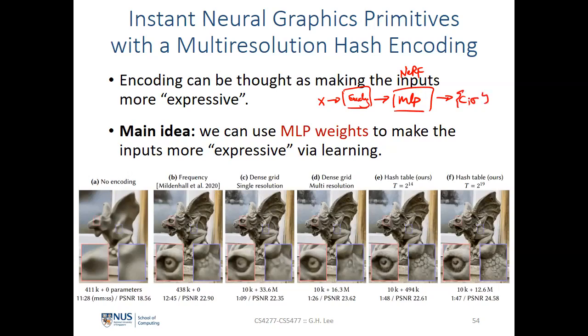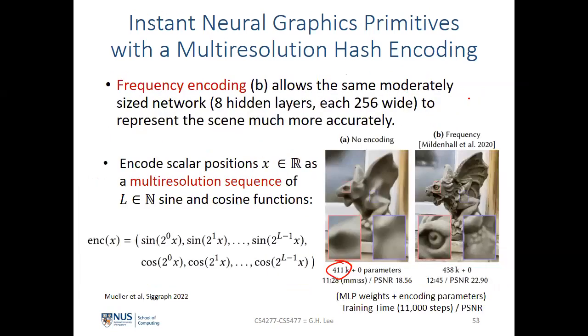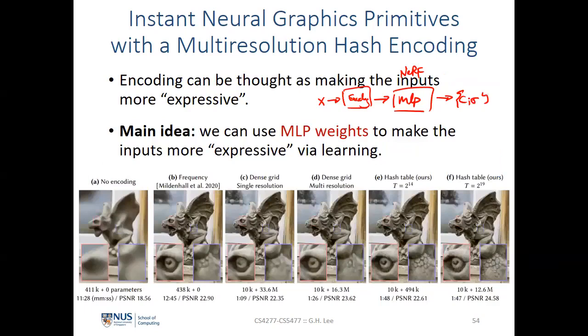By doing a fixed encoding here, it's already able to improve the result so much. So in Instant NGP, they say: why not also do an MLP here and learn the encoding, right? And they did some experiments, and the result was amazing.